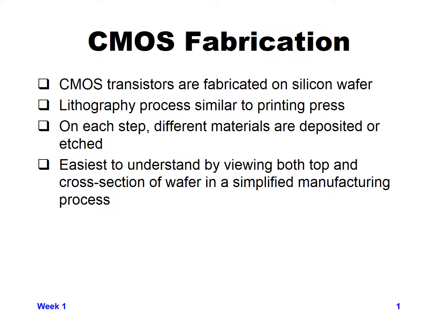And in going through that manner, in the next several foils, we're going to look at how a very simplified manufacturing process would happen in order to create some of these transistors and circuits.